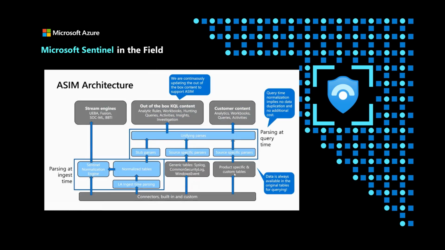The parsing we've seen in the demo so far is query time parsing. There is a Log Analytics function which is deployed in your workspace, which knows how to take each specific source and transform it into ASIM. And there's the unifying parser, which is ASIM DNS or ASIM network session that I've shown in the demo and in the rule later on, that combines using a union function all of your sources and makes it available to the queries, to analytic rules, to workbooks, whether ours or yours.